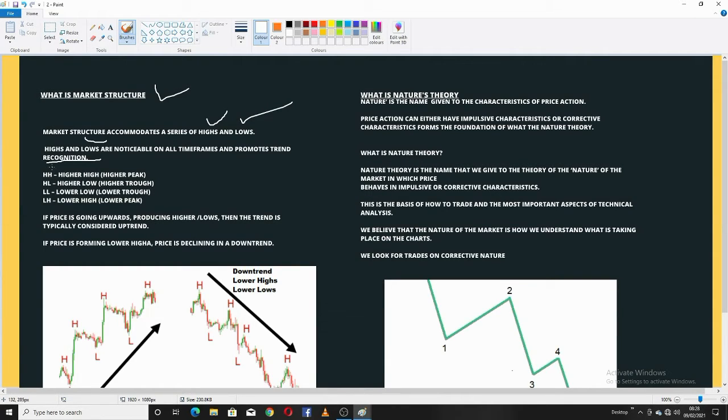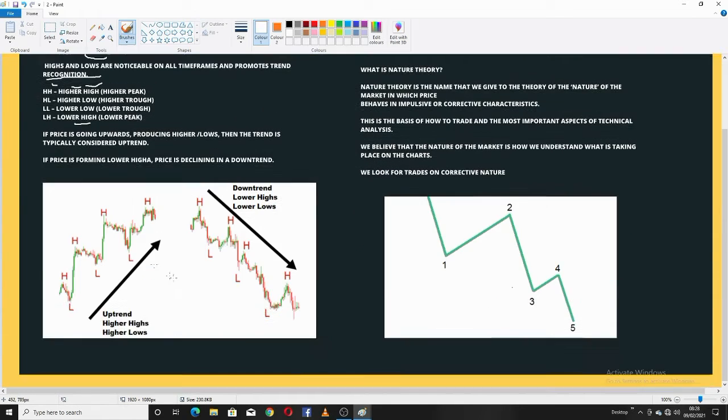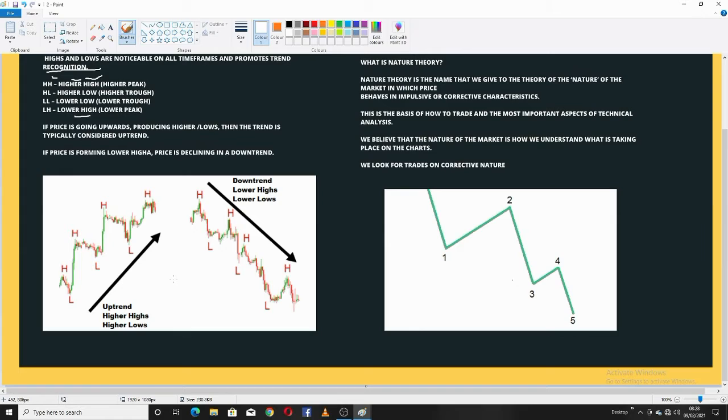We have higher highs, higher lows, lower lows, and lower highs. That's basically how the market moves, the structure of the market. So the market starts here on the low, and then it pushes up and creates a high higher than this one.